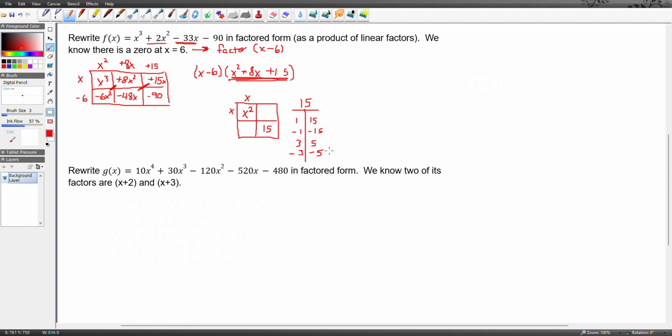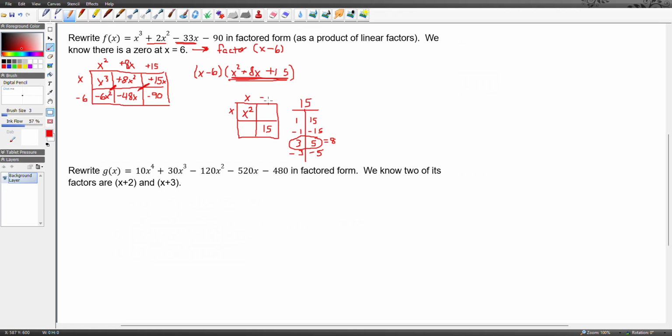Then to pick out which one is correct off that list, we're looking for the ones that add to be the right middle term. Because I know that these two boxes add together to make 8. So if I look through this list, here's the pair right here that add together to be 8.